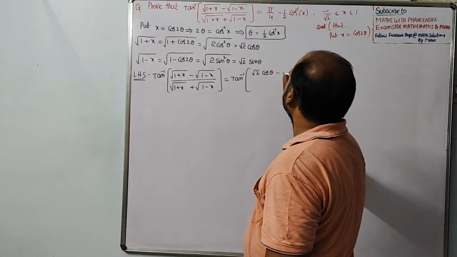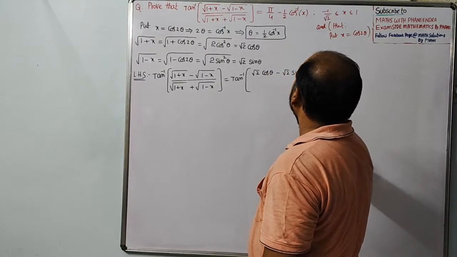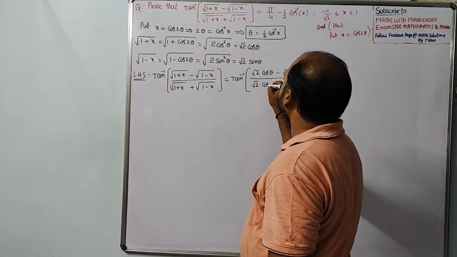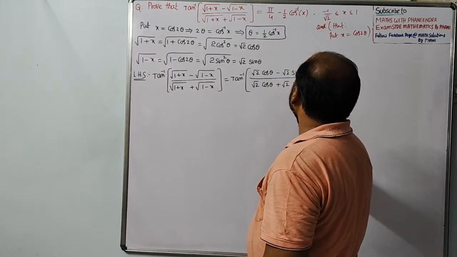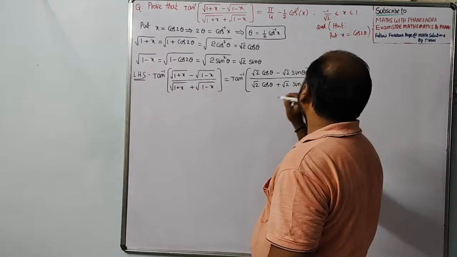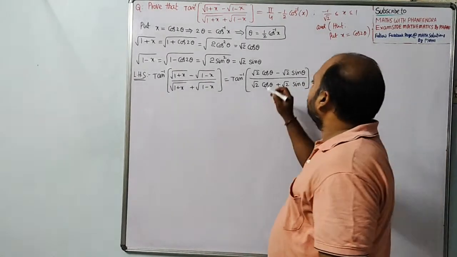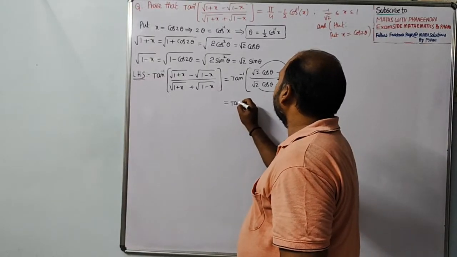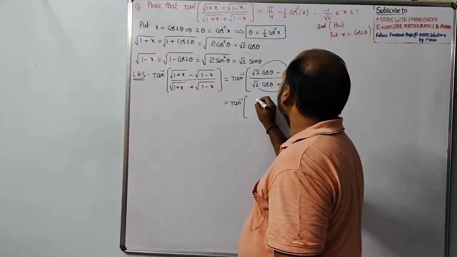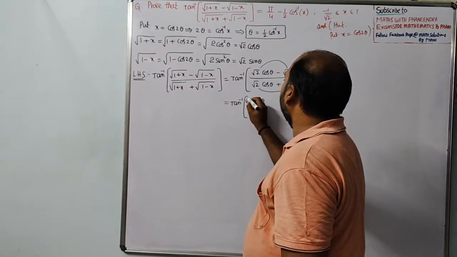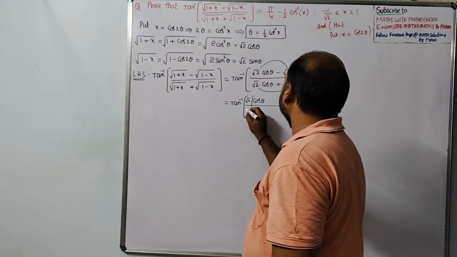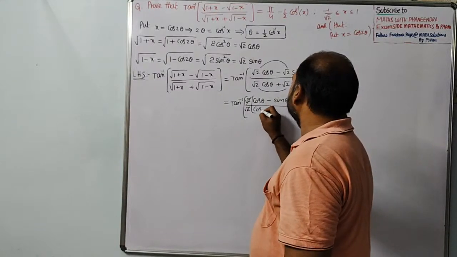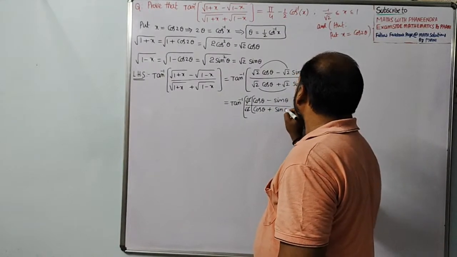Root 2 cos theta minus root 2 sin theta, whole divided by root 2 cos theta plus root 2 sin theta. So root 2 take common and simplify. So tan inverse of, the root 2 cancels, cos theta minus sin theta by cos theta plus sin theta. Okay.